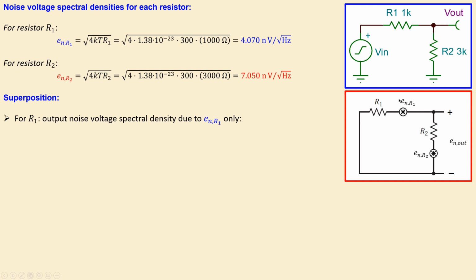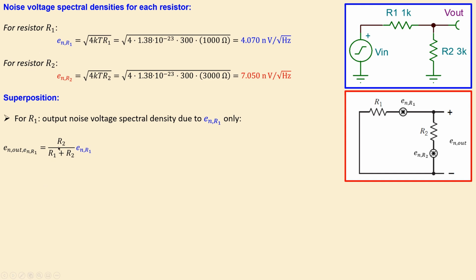So I'm disabling this one, that will be a short, and I look at only the input noise voltage spectral density due to R1, and then I calculate what the output noise spectral density will be. So I have this expression: the output noise spectral density due to only the R1 noise spectral density will be this.